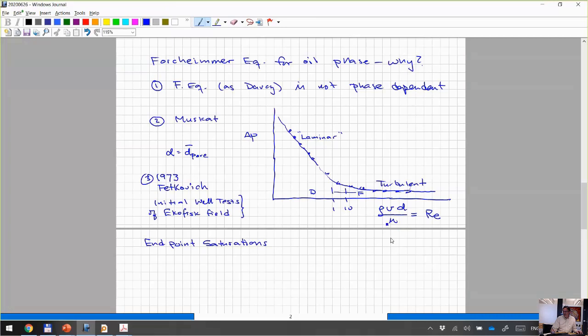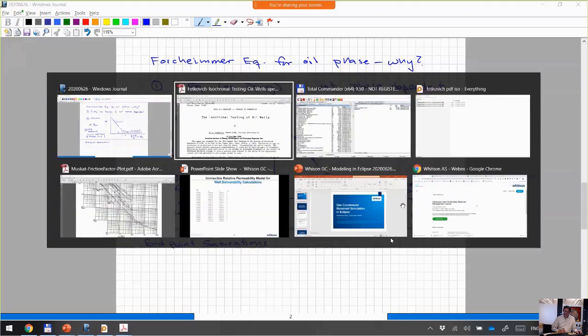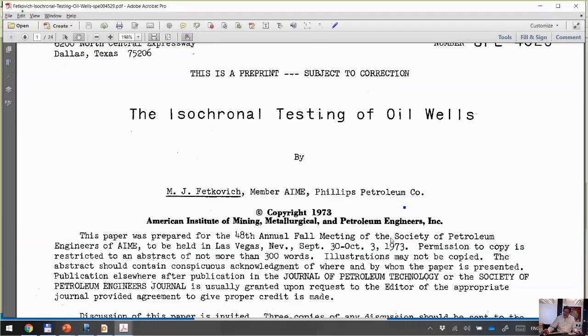The rho over mu for the condensate is not that different from the gas, and the velocities are similar in region 1, particularly at the wellbore. So you could get the effect for both phases. It's an interesting paper.